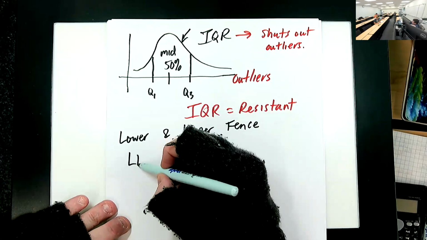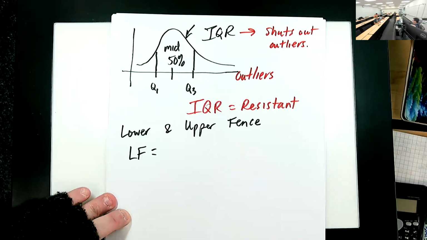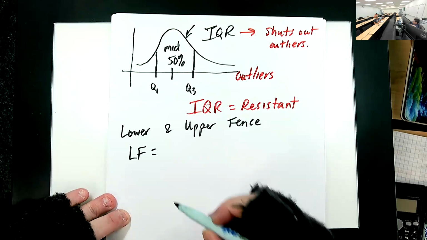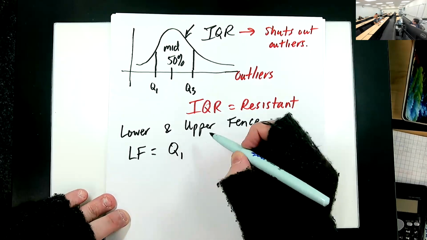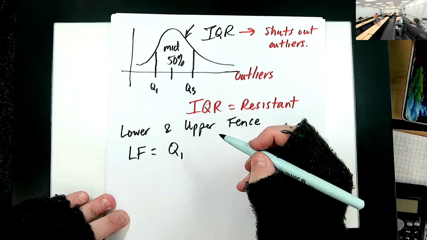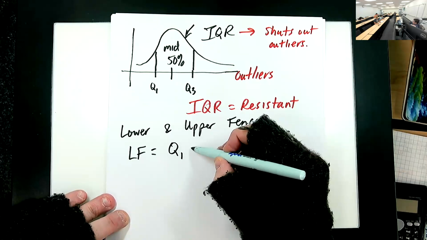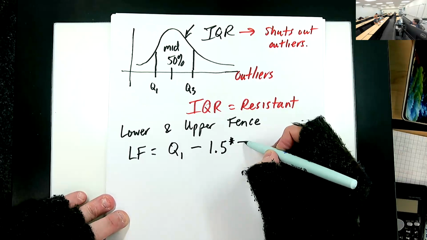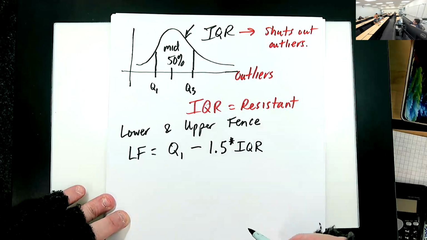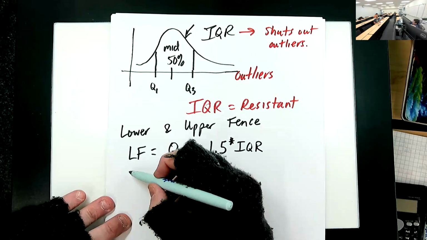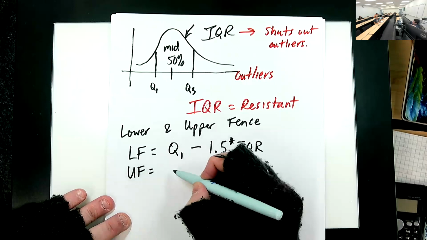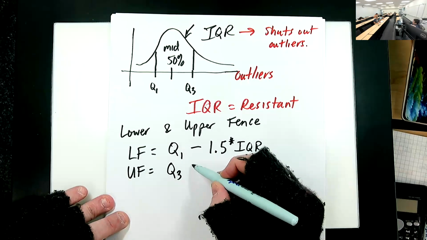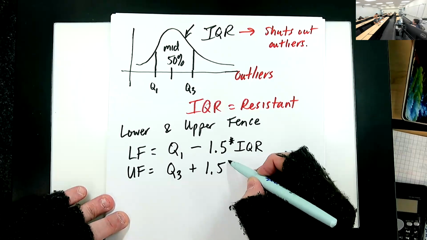The lower fence, I'm going to call it LF. We take Q1, whatever that score is, not the percentage, we know what the percentage is. We take Q1 and we subtract 1.5 times the IQR value. And the upper fence, we have Q3 and we add 1.5 times the IQR value.